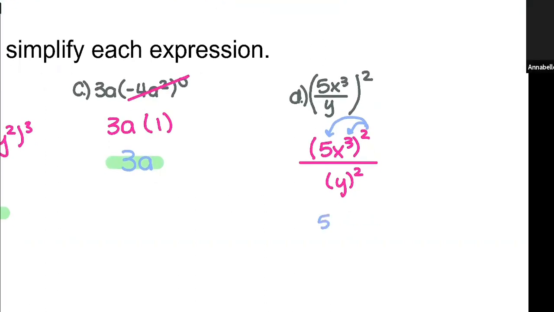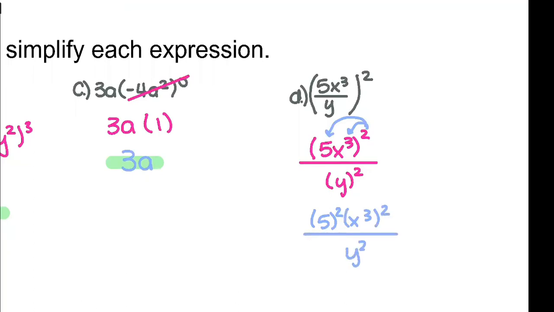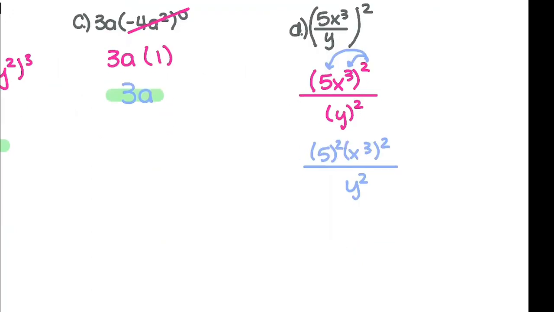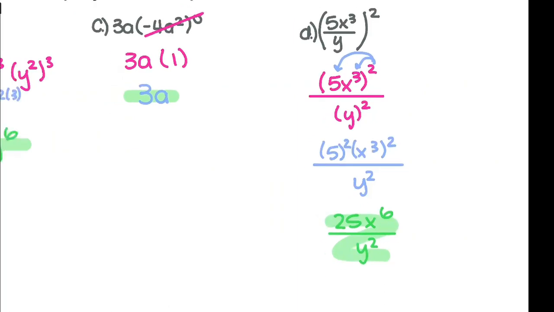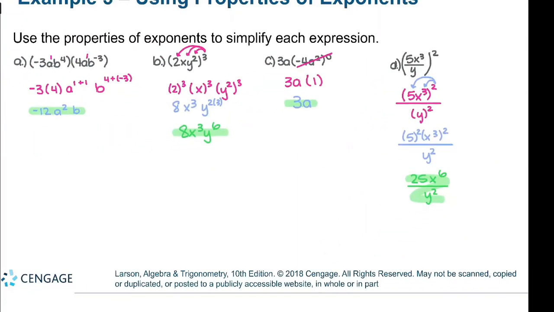So this is going to be 5 squared times x cubed squared. And then that y to the second power is just y squared. The 5 squared gives us 25. The x cubed raised to the second power is x to the 6th. And then y squared stays y to the second. You cannot simplify anything else further with that one, so that is your solution.